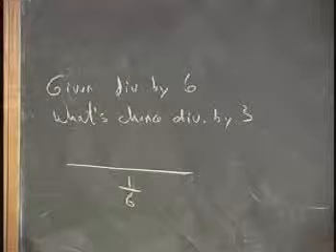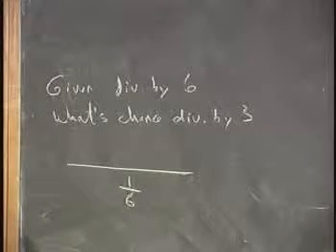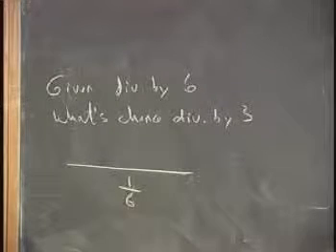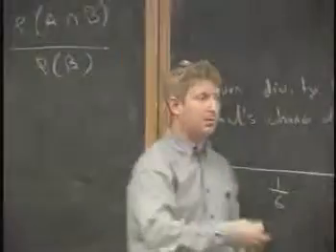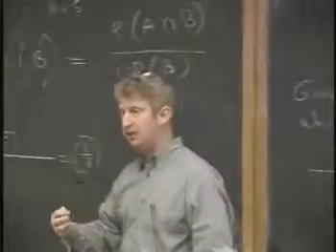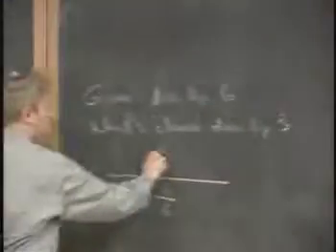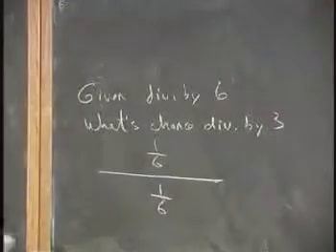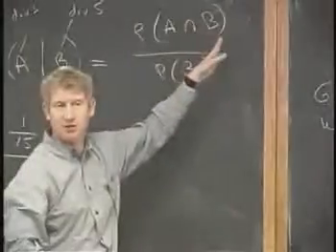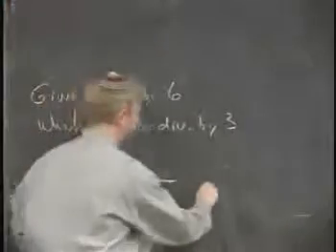What's the chance that a number is divisible by 6 and the number is divisible by 3? Now in this case, they're not relatively prime. So the chance of a number being divisible by 6 and being divisible by 3 is exactly the same as the chance of it being divisible by 6. So you get 1/6 divided by 1/6. The intersection here just collapses and becomes uninteresting, and you get 1.